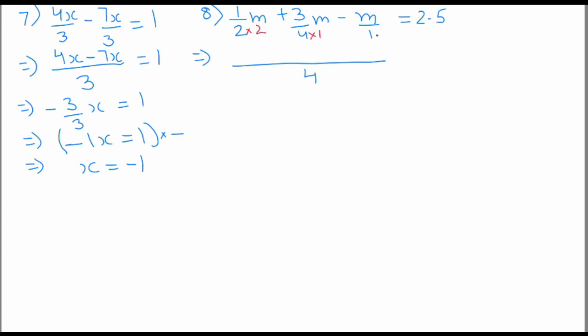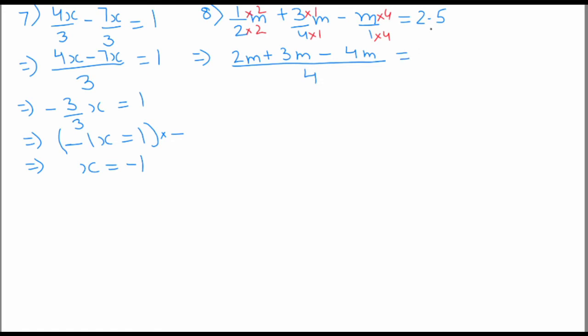and 1 four is 4. Now multiply the same thing in the numerator side. And your answer will be 2m plus 3m minus 4m.